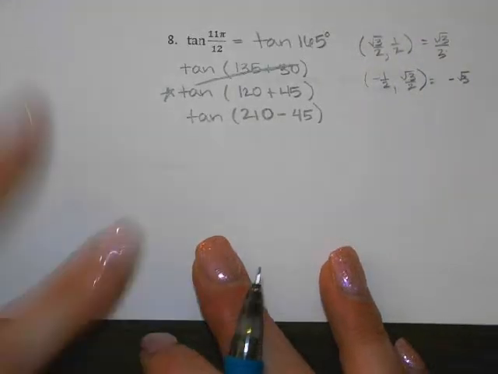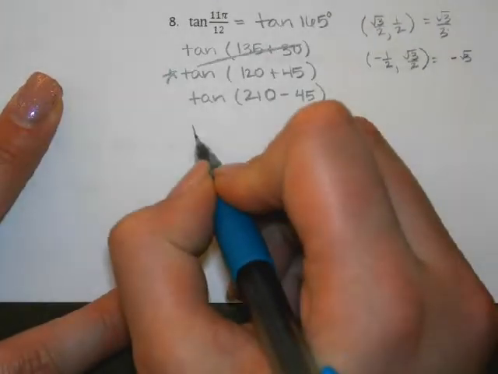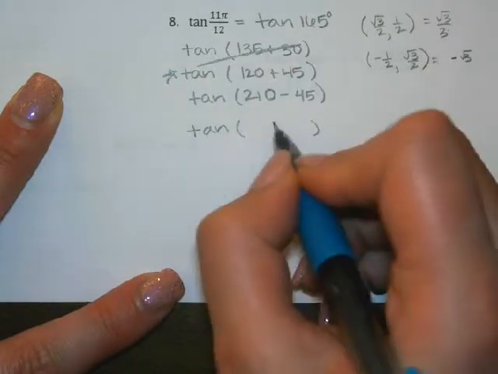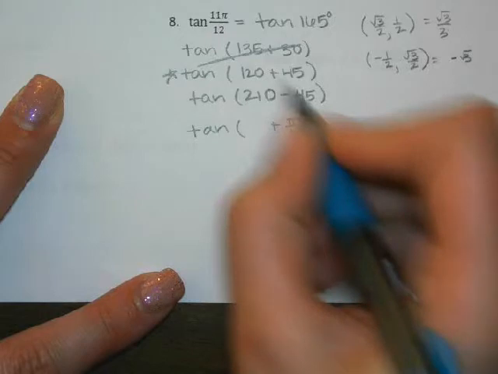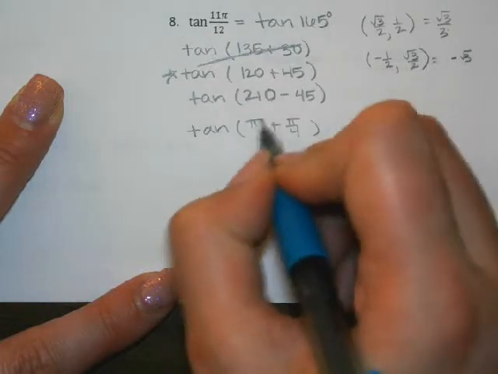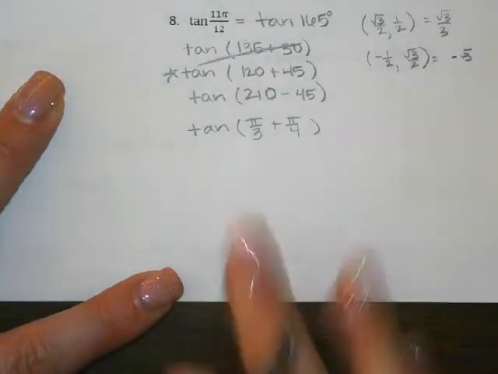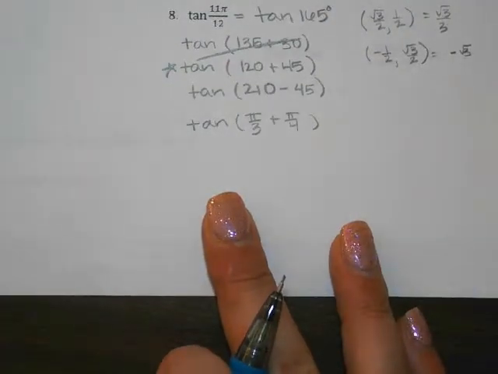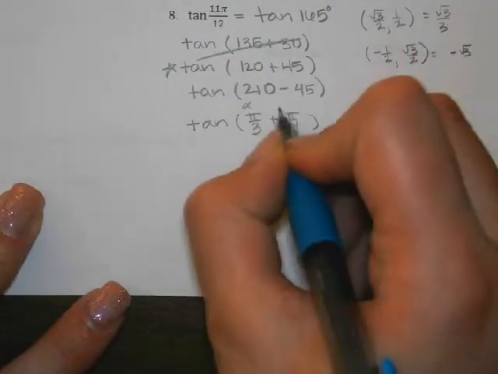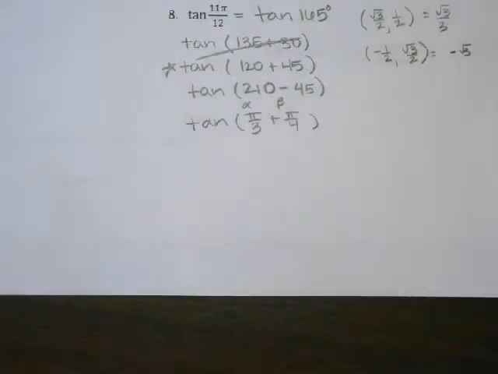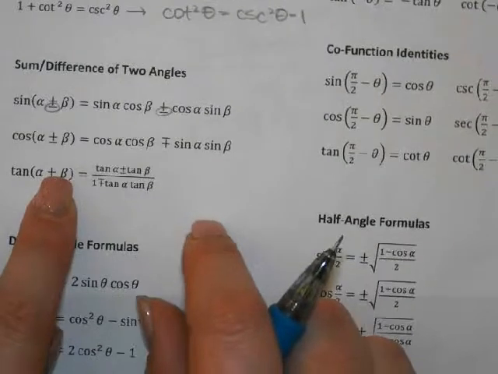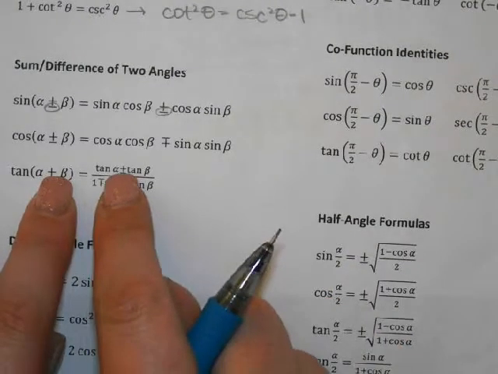That's it. So I'm going to go ahead and write this out. I have tan of, I'm going to do alpha plus beta. I know that's pi fourths, and then 120 is pi thirds. So pi thirds plus pi fourths is going to get us to 11 twelfths. Here's my alpha, here's my beta. So if I look at the tangent formula, it says if I use plus in here, then for the top of the fraction, I should add them together.